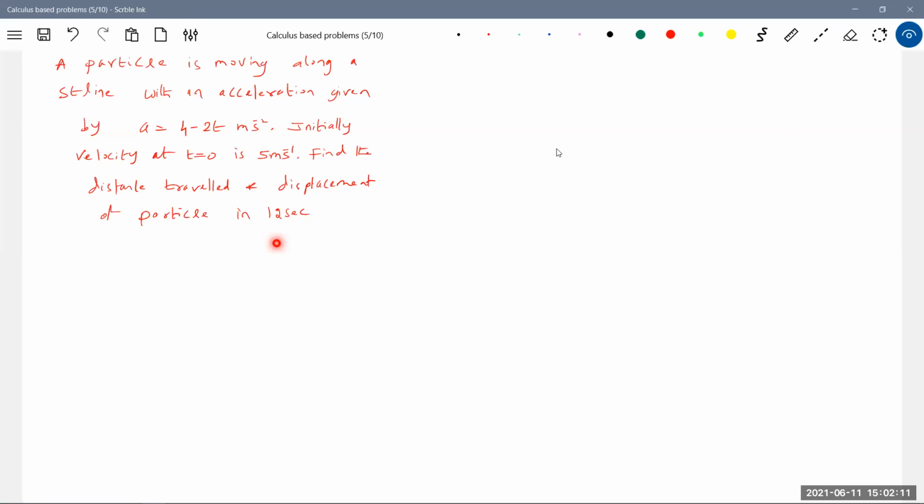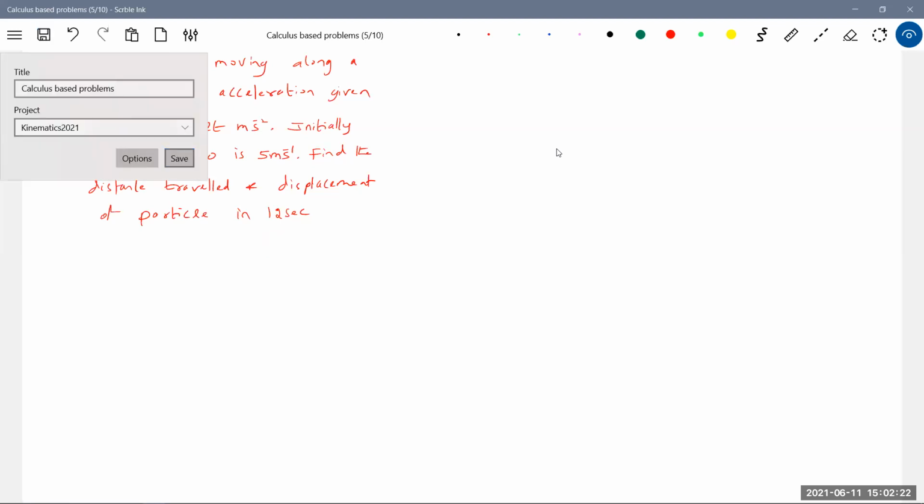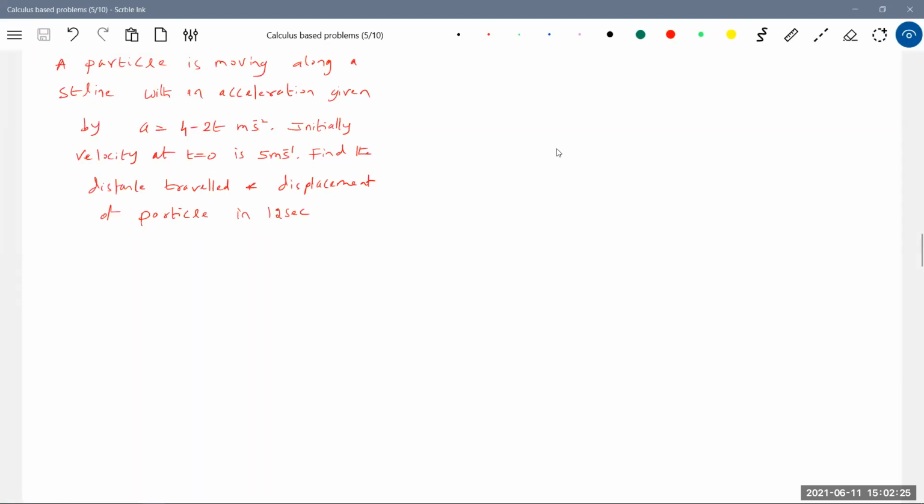He's asking to find the distance traveled and displacement of the particle in 12 seconds. At t equals 0, let it be at the origin.